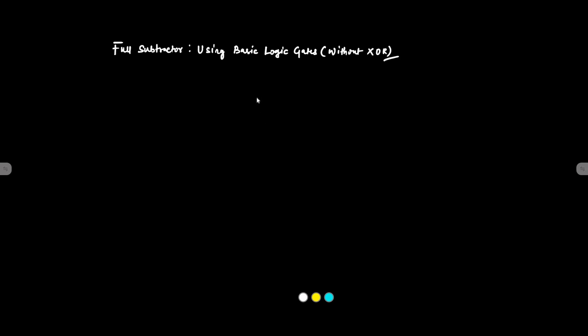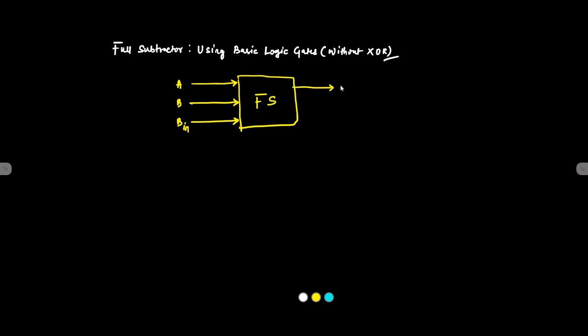So this is the block diagram of full subtractor. 3 inputs, A, B, B in, and the outputs, difference and borrow.